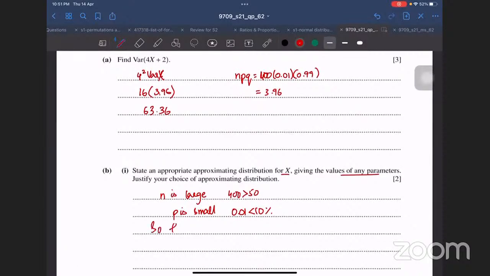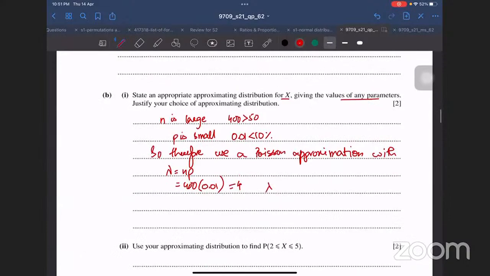So therefore, use a Poisson approximation with lambda equal to np, which is 400 into 0.01, which is 4. So lambda equals 4.